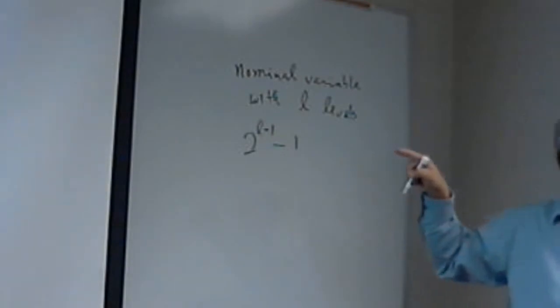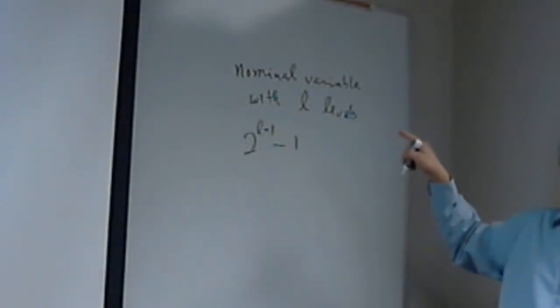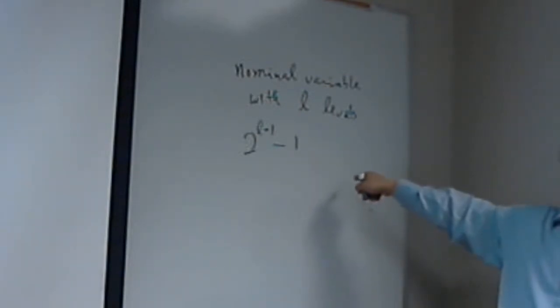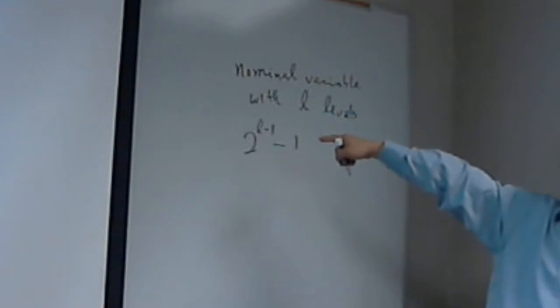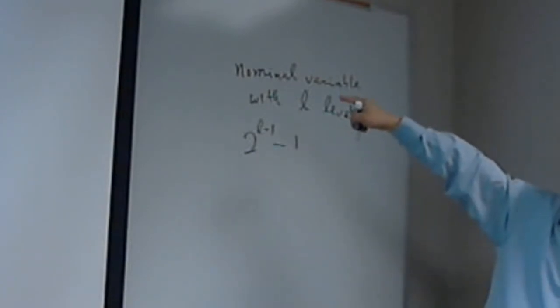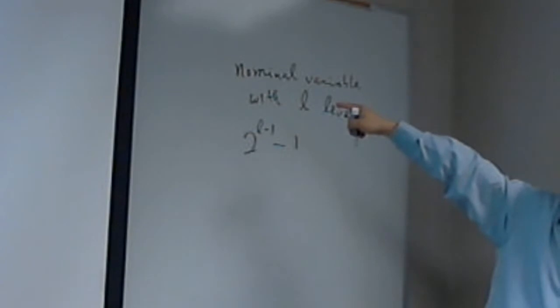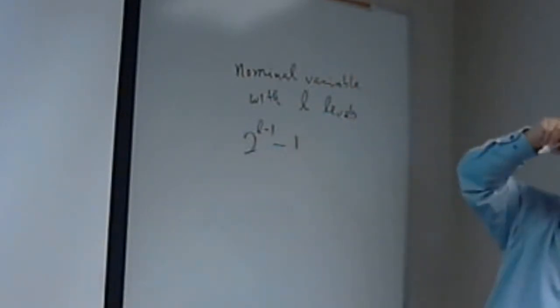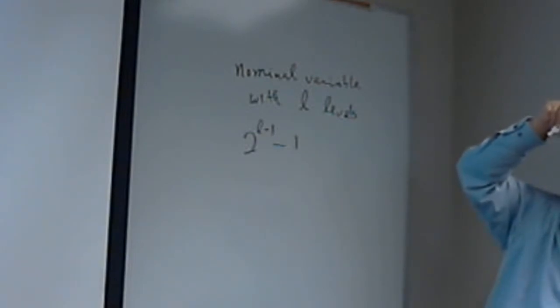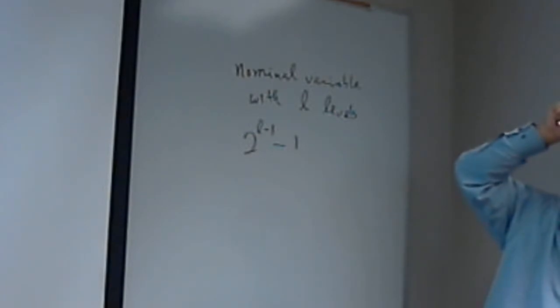Now think about that. For a nominal variable having a large number of labels, what happens? Assuming L is 16, 2 to the power 15 minus 1 is close to 32,000 something. Anyone who took my last course should remember that number, 2 to the power 15, 32,768 or something like that.